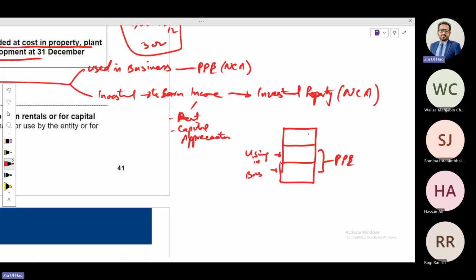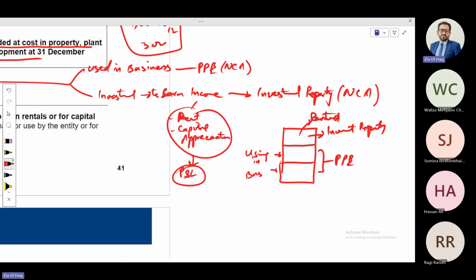But if the top floor we have rented out, meaning we are not using it in our business, that floor was spare, so we have rented it out to a restaurant and we are receiving rental income. So we should record this part of property as investment property. This income should be recorded in the profit and loss account as other income. Can you understand this concept?